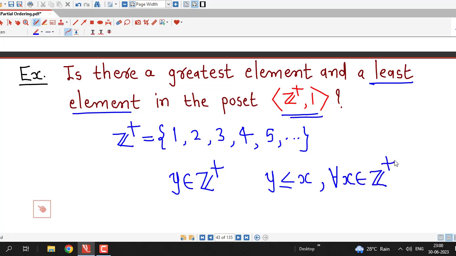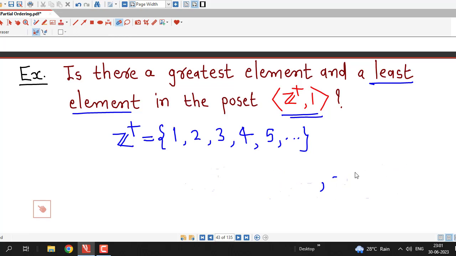Here the given set is Z plus. Now our relation is the divisibility relation, so y divides x. If y divides x for any x in the given set, then y will be the least element in this poset. And we can see if we take y equal to 1, then we know that 1 divides x for every x in Z plus, therefore 1 is the least element.